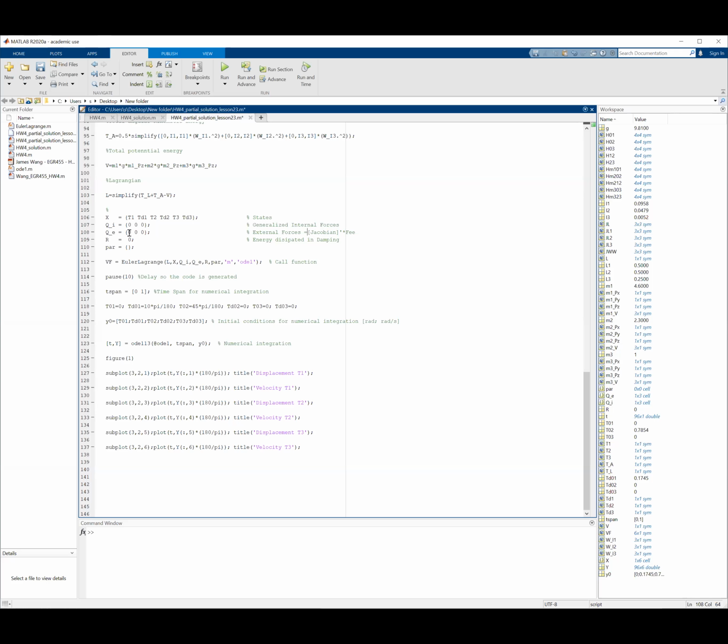So your external force will be the Jacobian transpose multiplied by the end effector force. We spent a lot of time on this when we looked at the Jacobians and derived the equations, but that is something you want to keep in mind.